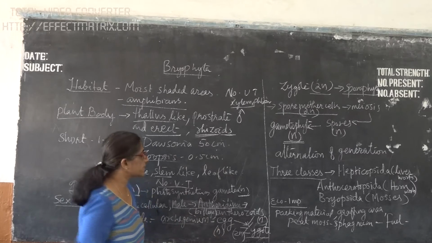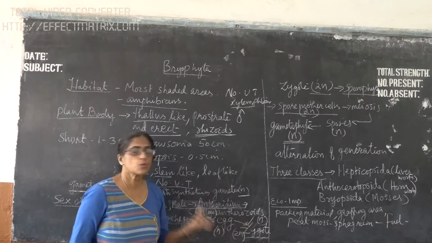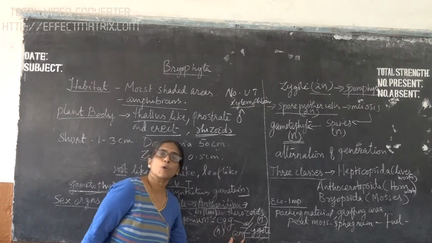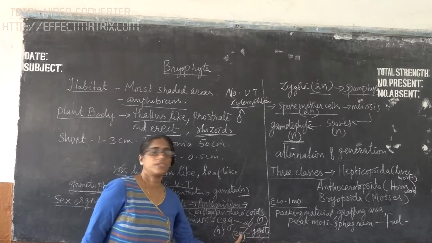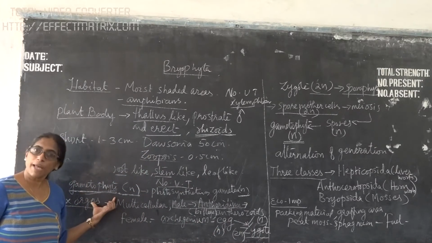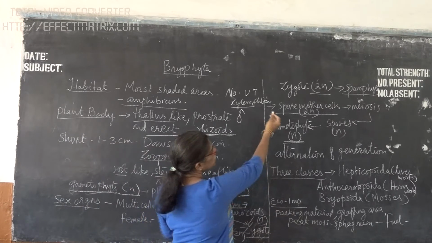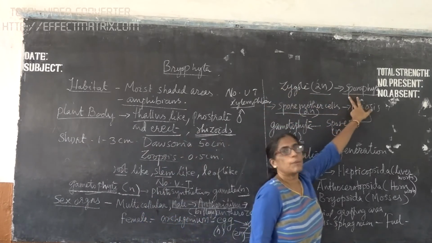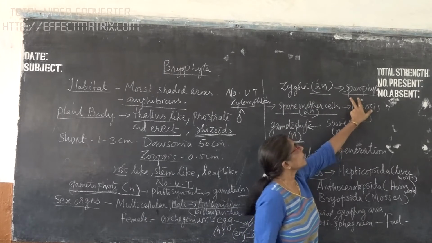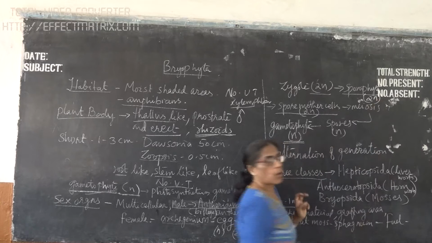During fertilization, the antherozoid and the egg fuse together and produce a diploid zygote. All these things happen in the gametophytic plant body. Then this zygote undergoes mitosis and develops into another multicellular body, that is called the sporophyte. The sporophyte is also diploid.